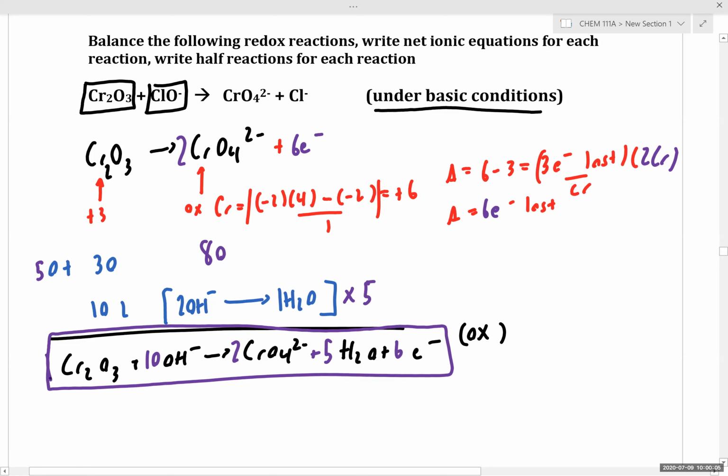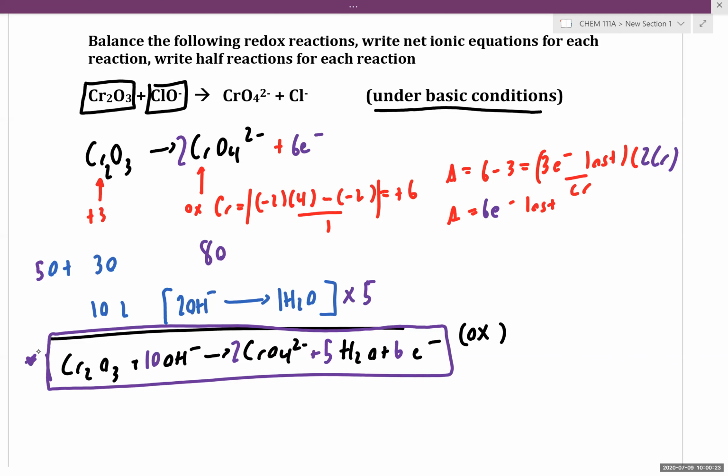So here's our complete and balanced oxidation half reaction, accounting for the fact that we have 2 chromium atoms undergoing that change. So here's our complete oxidation half reaction under basic conditions.